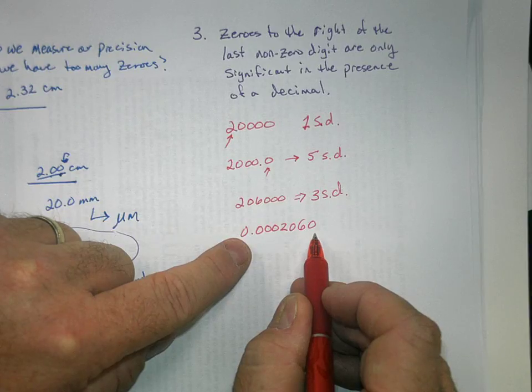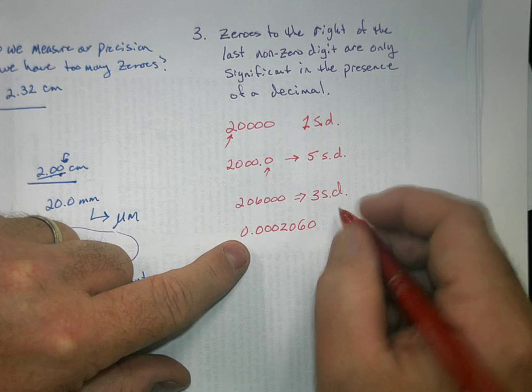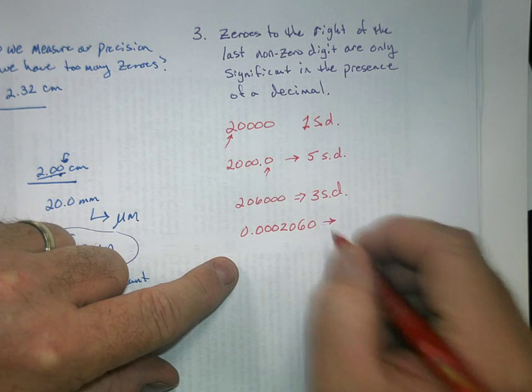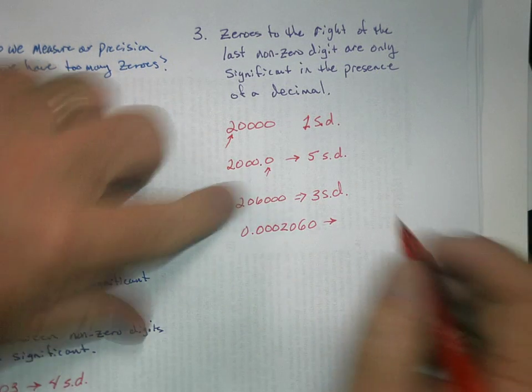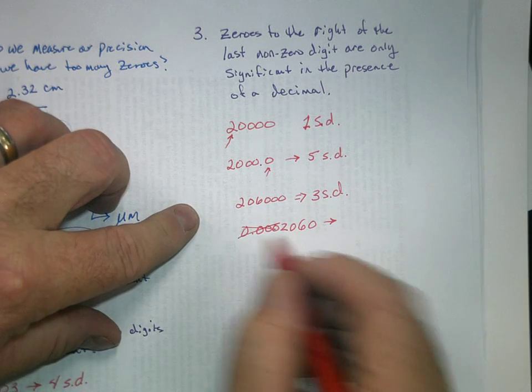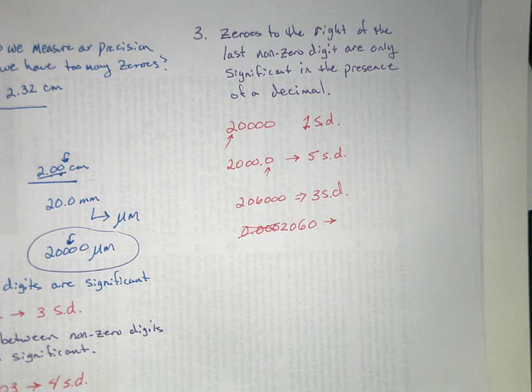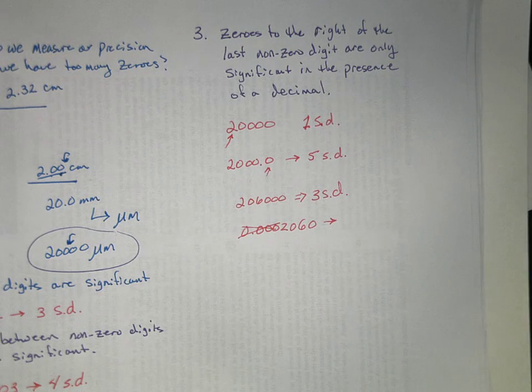Okay. All right. So this is going to have how many? Nope. These don't count. They're not significant. They matter for the size of the number. They still have to be there to show that this number is that small. But they're not significant when it comes to the precision of our measurement.